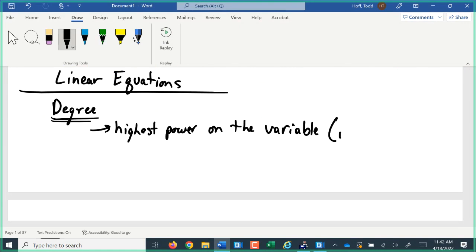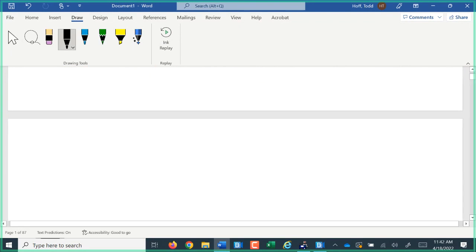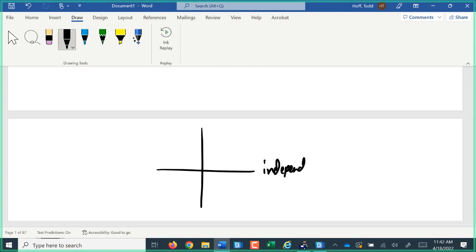And usually we're looking at the independent variable. If you recall, when we talked about our graph, the independent variable was the horizontal variable. Typically, that's going to be our x variable. If you notice when we graph, all of our equations were of the form y equals. So we're going to stick with that form for our discussion today.